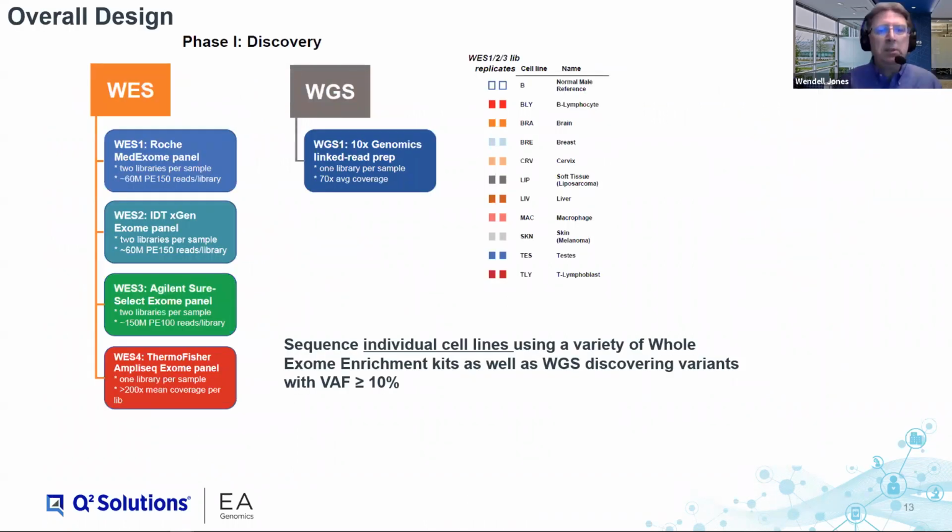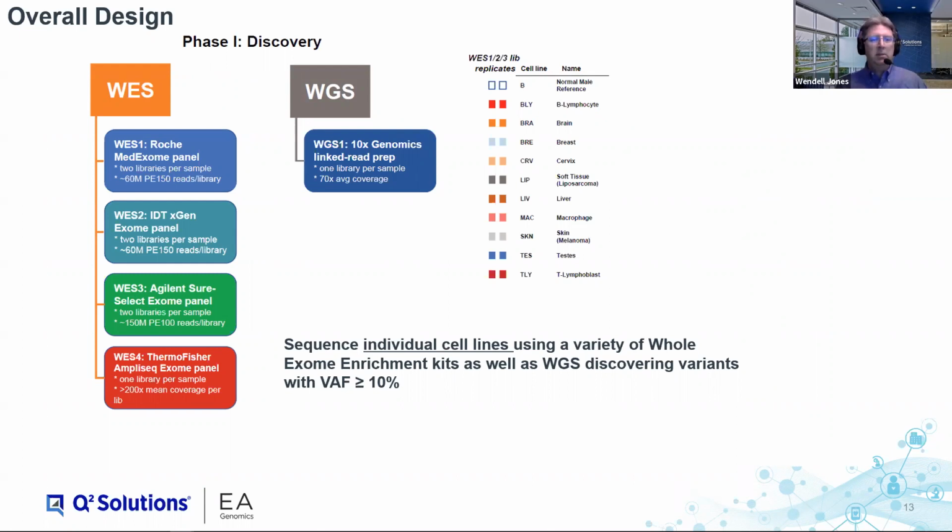So the strategy for discovery of the variants in this sample A material, which is a mixture again of these 10 cancer cell lines, was to enlist the help of several different whole exome sequencing enrichment panels, and we numbered them 1 through 4.